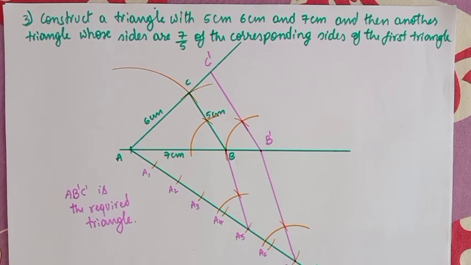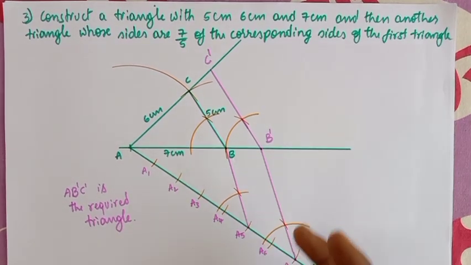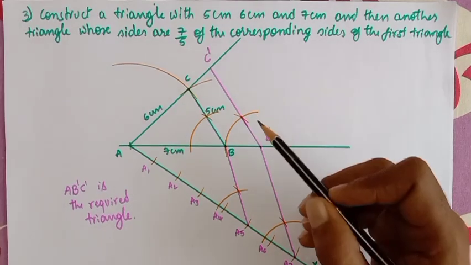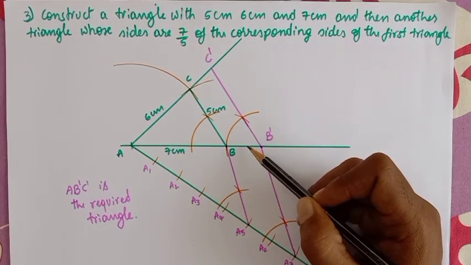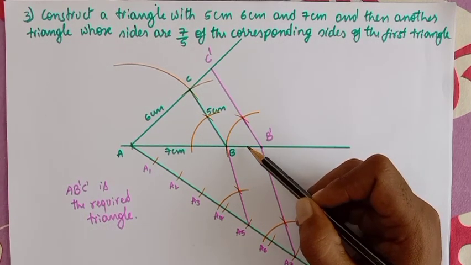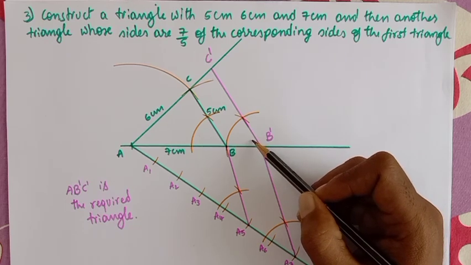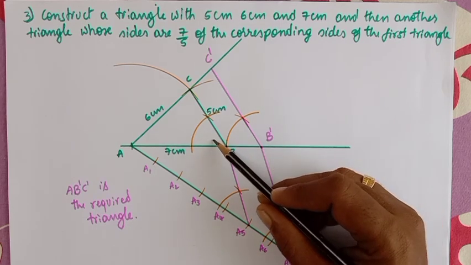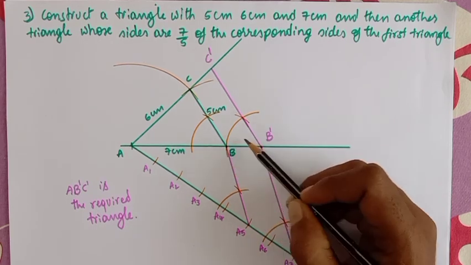Now, students, to check the correctness of this, we can do a simple verification from the point of view of the examination: you can check the angle here B dash and the angle B, both should be equal.